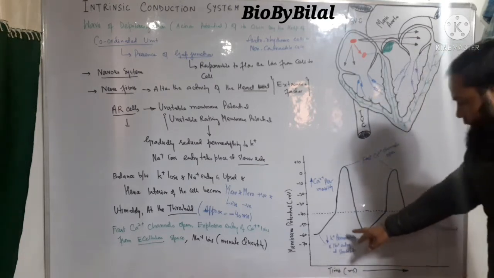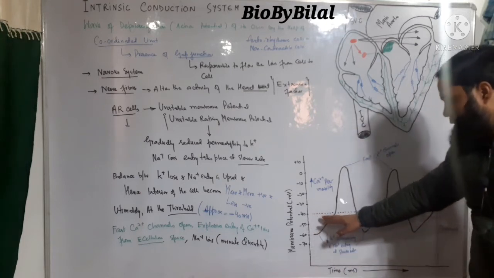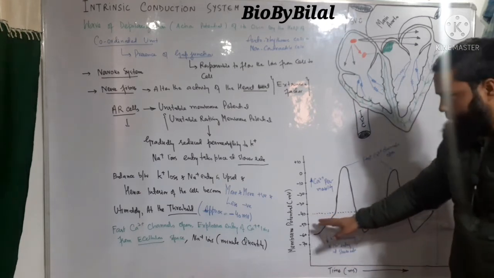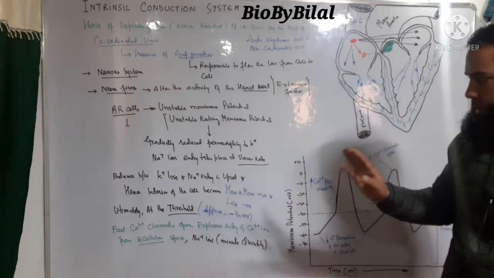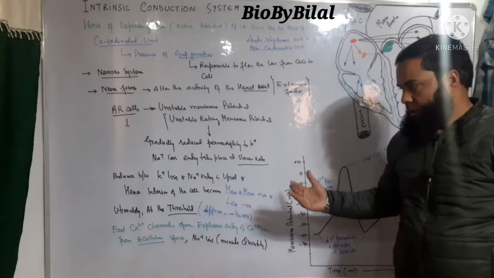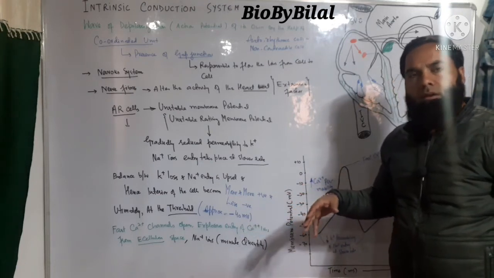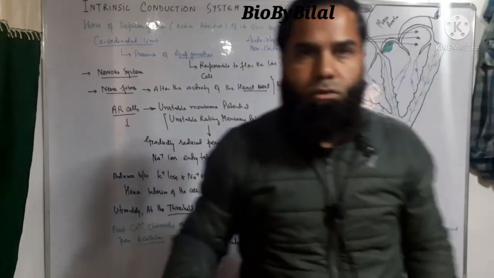Once again, potassium permeability decreases, sodium entry at a slow rate, and it reaches the threshold point. What happens at the threshold point? Fast calcium channels open up, there is an explosive entry of calcium, and from the extracellular space, sodium ions also go inside the cell, but at a slower rate.